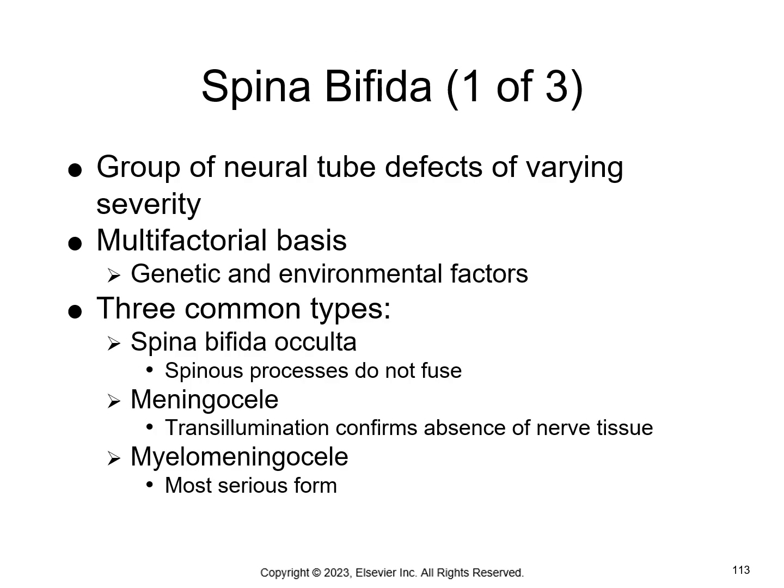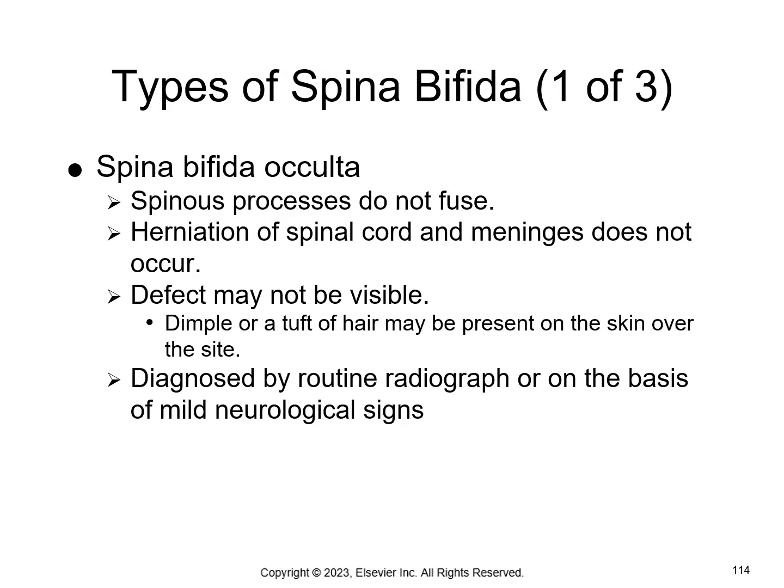Next, we have spina bifida. Spina bifida is a group of neural tube defects that are congenital anomalies of different severities. It's failure of the posterior spinous process on the vertebrae to fuse, so the meninges and spinal cord can herniate, resulting in neurologic impairment. It's most common in the lumbar area.